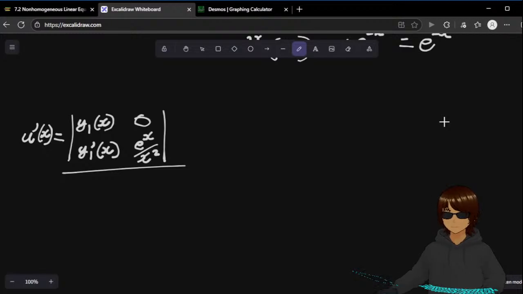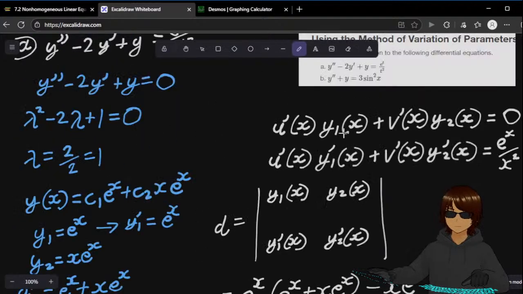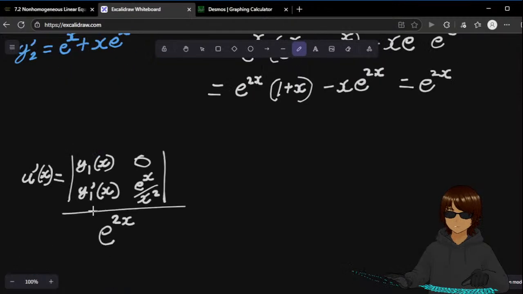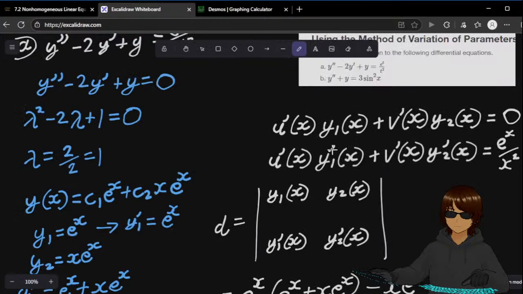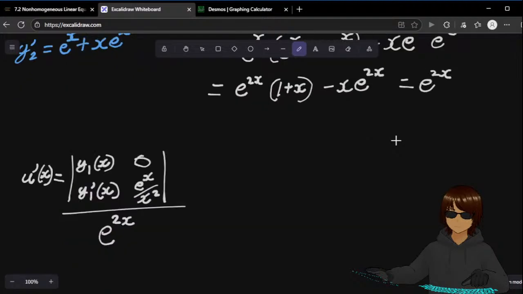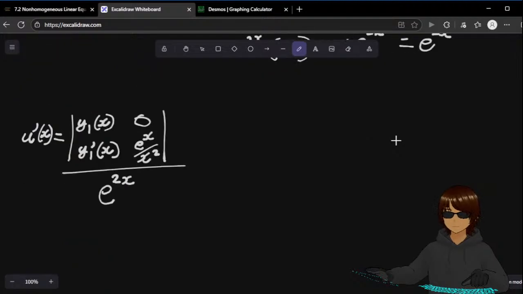So now e to the power of 2x, right? That is the denominator. Y1 times this, and then the derivative of y1 times 0. And derivative of u and v are what we are finding.